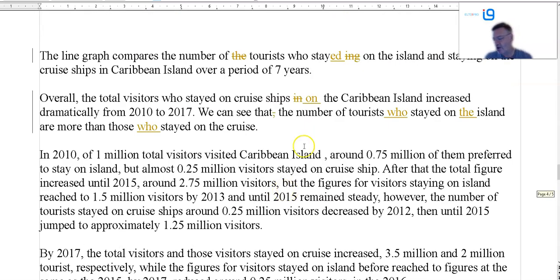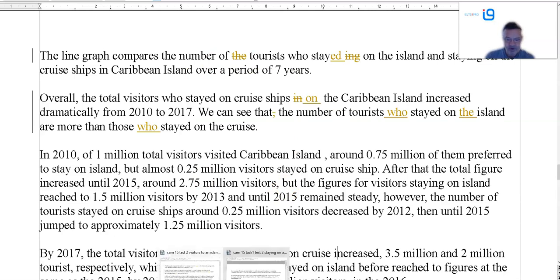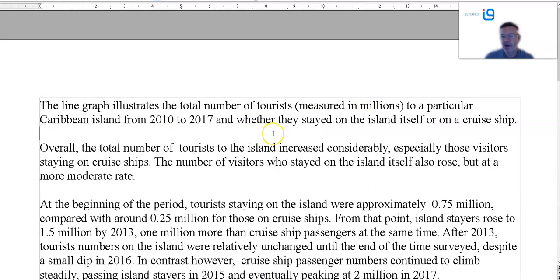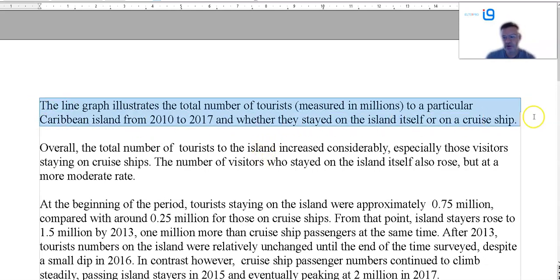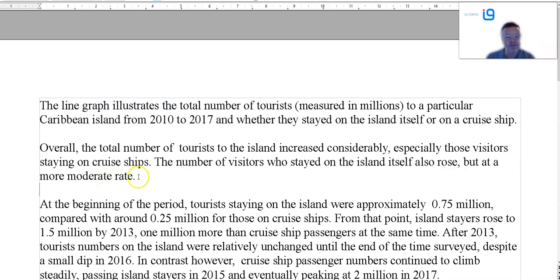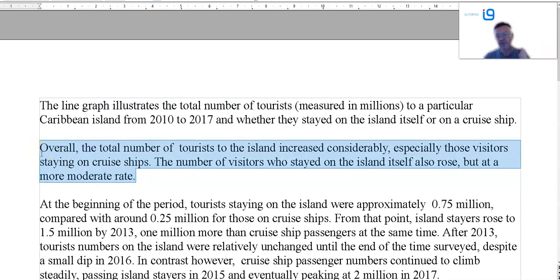Now, I've got students coming into my classroom, so I'll just leave mine here for you to have a look at. Okay, so clear introduction, right? It shows this axis, etc. Key trends: everything's gone up, but these two went up at a slightly different rate.